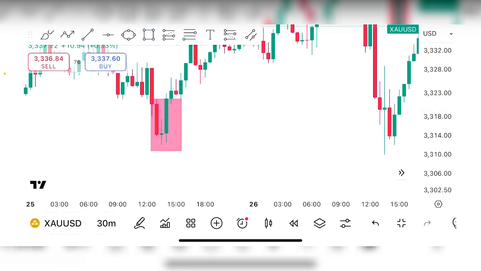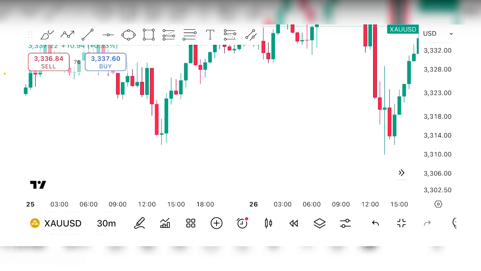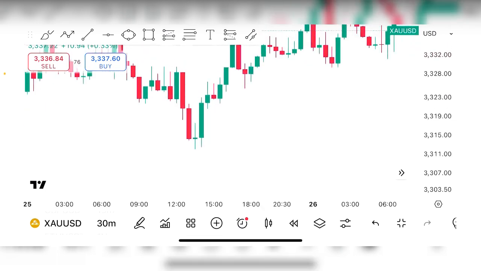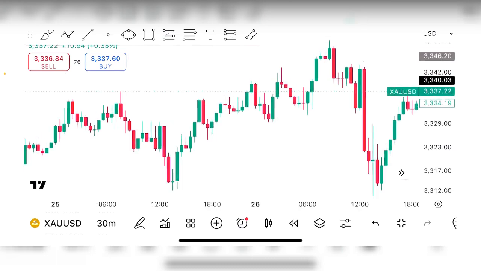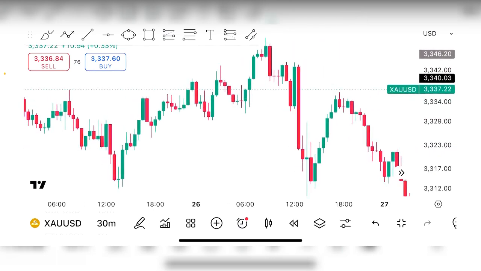Sorry, this is a morning star. I keep mistaking it. The evening star is for the sell. The morning star is for the buy. So let me look for another morning star candle confirmation for you guys.